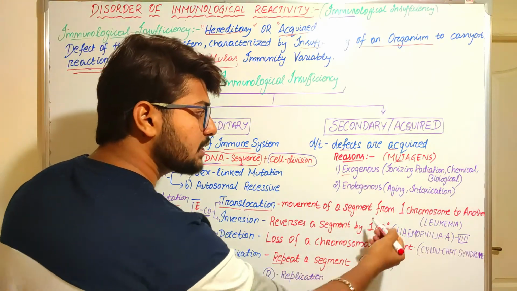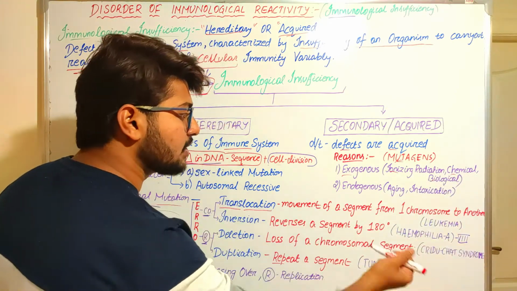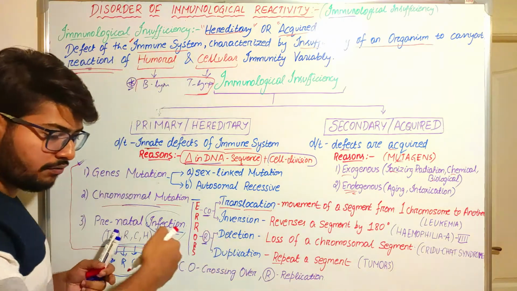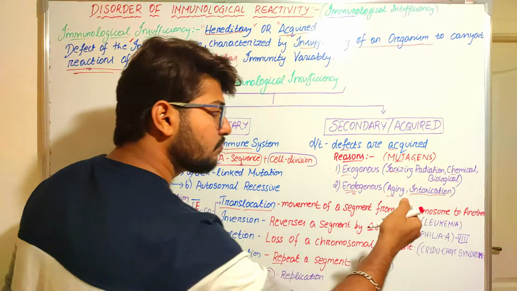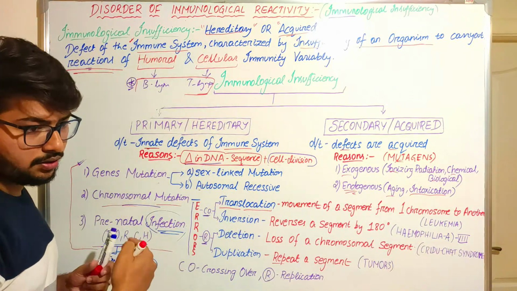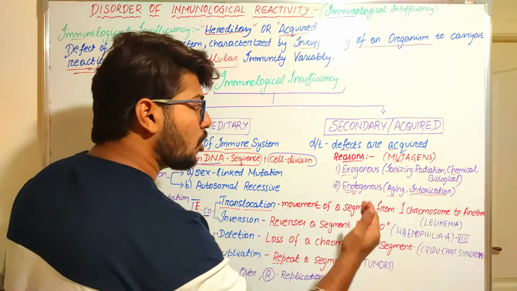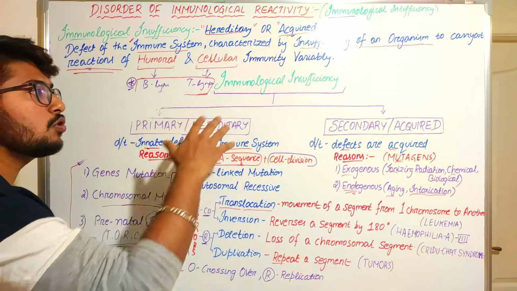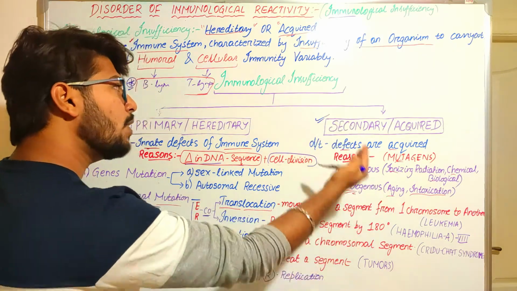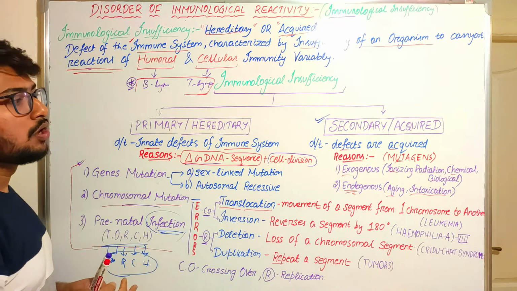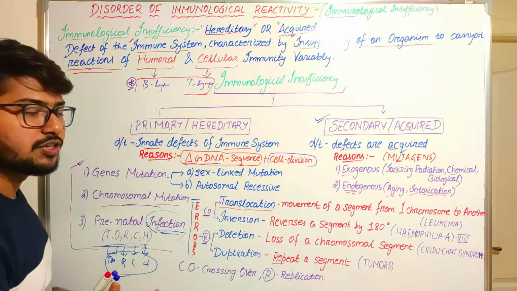It can be exogenous, like ionizing radiations, chemical and biological factors, and in case of endogenous, in our process of development we find aging and intoxication with some of the biochemicals present in our body, that will tend to cause defects in the immunological cells, and that is known as secondary or acquired immunological insufficiency. So this is the basic classification of immunological insufficiency.